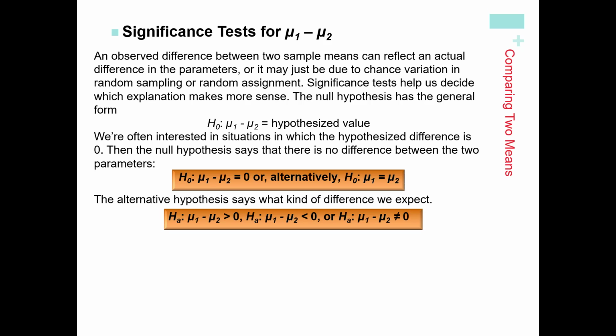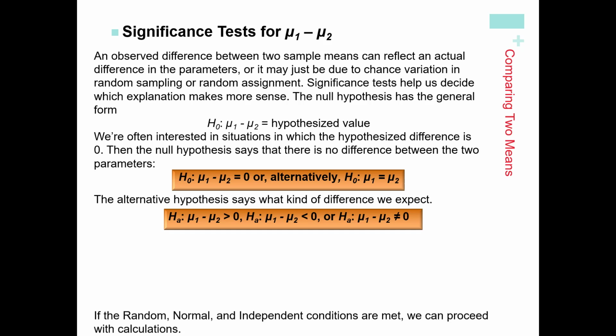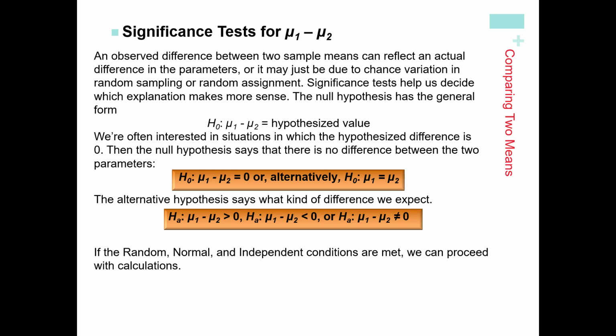That last one is going to be the only two-tailed test. The first two are directional, so those are going to be one-tailed tests. And obviously, as we've been doing, we need to check the random, normal, and independent conditions before we proceed with our calculations. But I'm pretty sure you guys know how to do those, and we'll actually get to look at those a little later.